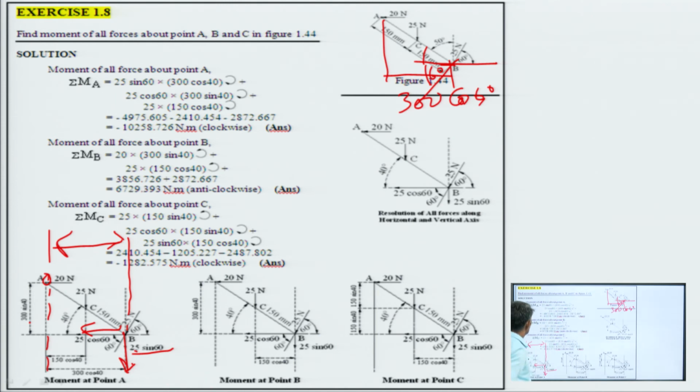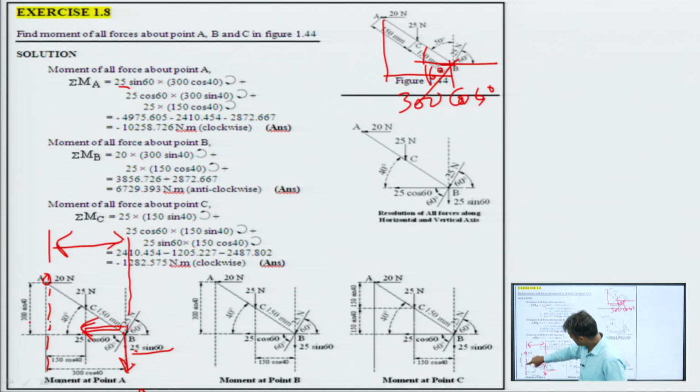Now, moment: 25 sin 60 into the perpendicular distance, and for this component, 25 cos 60 into the perpendicular distance. What will be the perpendicular distance?